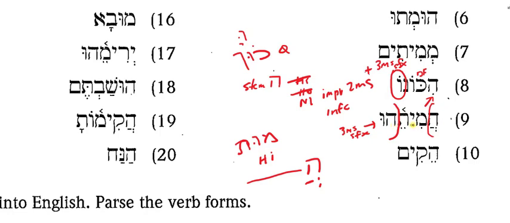Now, here's what we have to go back to. So this is a hiphil something, and there's no personal ending after the tav of the last root letter. So this is either 3ms or 2ms, depending on whether it's the hiphil perfect or the hiphil imperative. Okay, we've got some possibilities there. So let's jot that down.